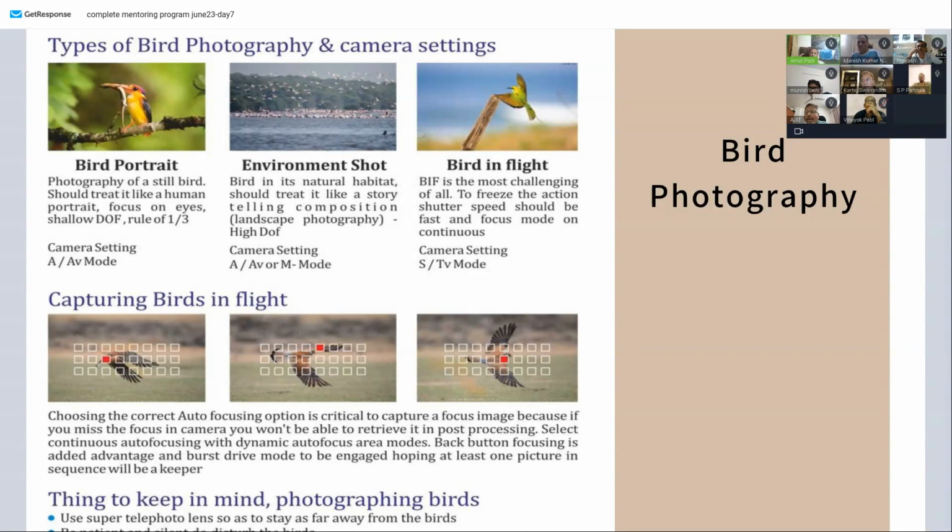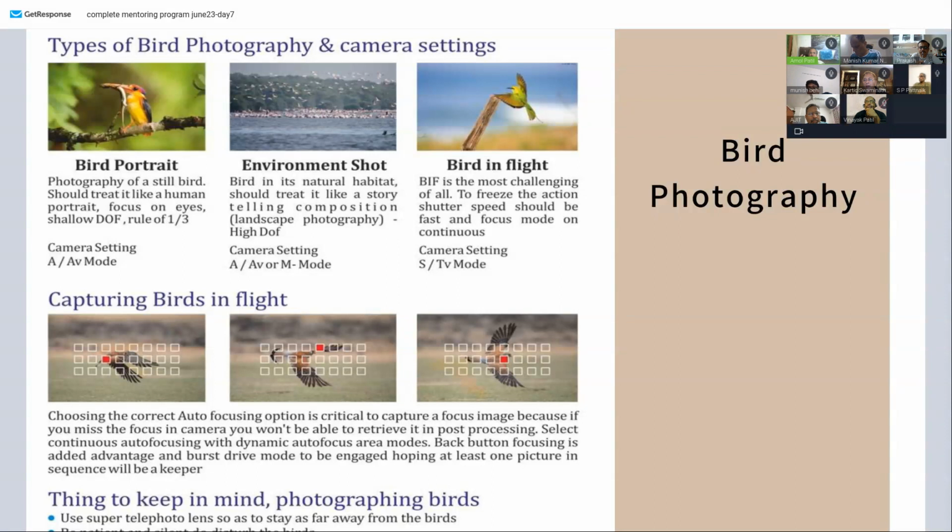Continuous autofocusing, AFC, continuous autofocus mode, right? Focus area also has to be bigger. With one single point focus mode, it will be difficult to capture the bird. So multiple focus points, right?